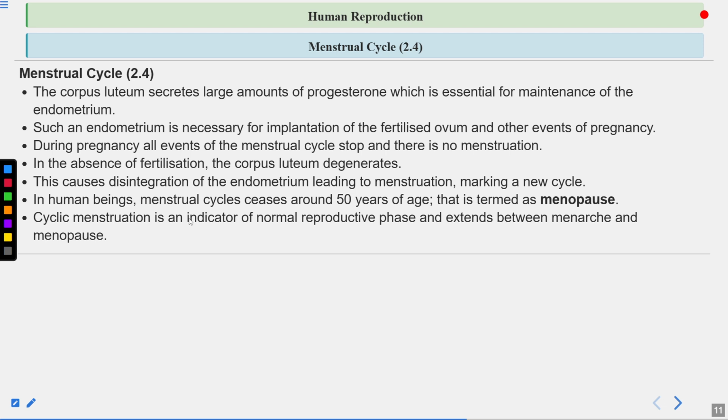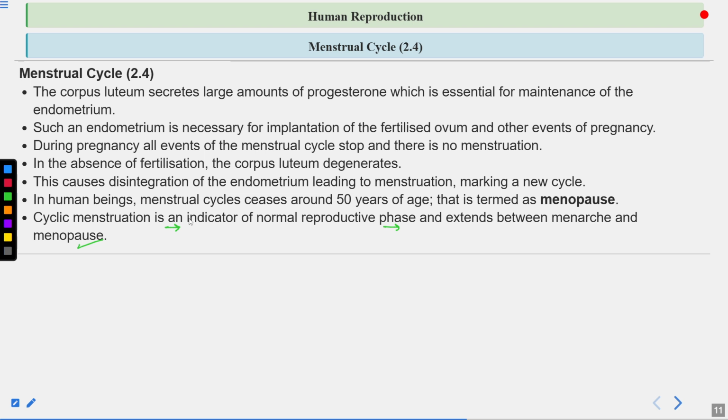Now, cyclic menstruation is an indicator of the normal reproductive phase and extends between menarche and the menopause. So, this cyclic menstruation is a cyclic event. There are a lot of changes occurring in the menstrual cycle, a lot of hormonal changes: changes in the endometrium, changes in the ovarian hormones, estrogen and progesterone, and changes in the anterior pituitary hormones.